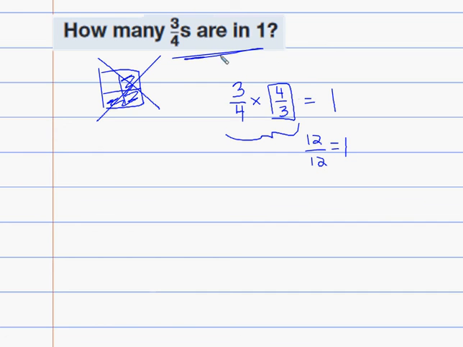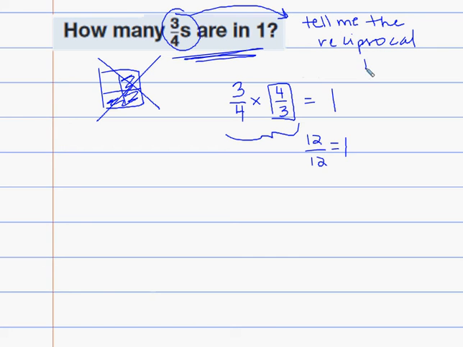So the answer to these problems, whatever they're asking you to do, is to tell me what the reciprocal is. So, how many 3/4 are in 1? There are 4/3. And we'll learn how to do that problem much more clearly when we talk about dividing fractions.